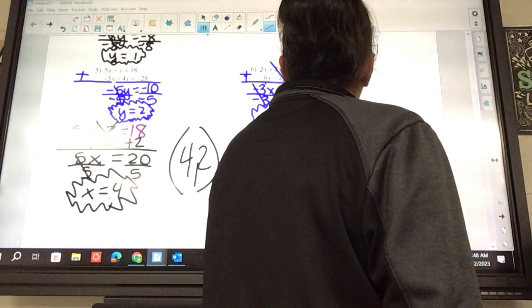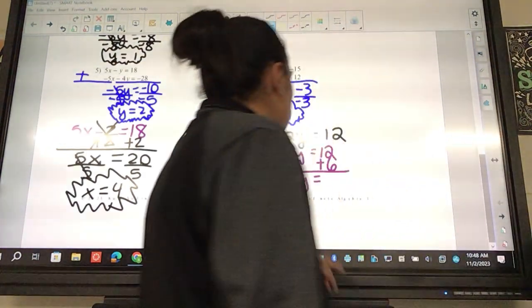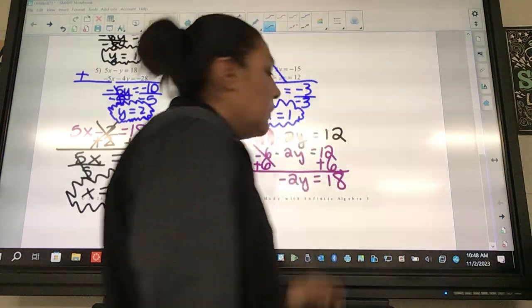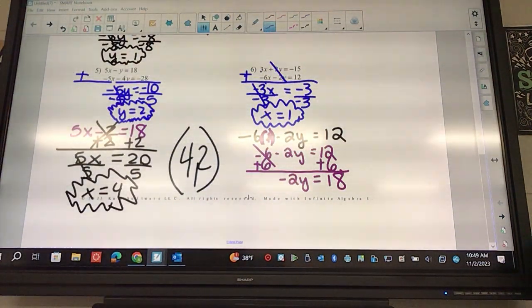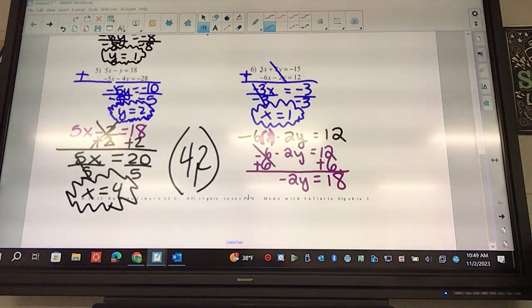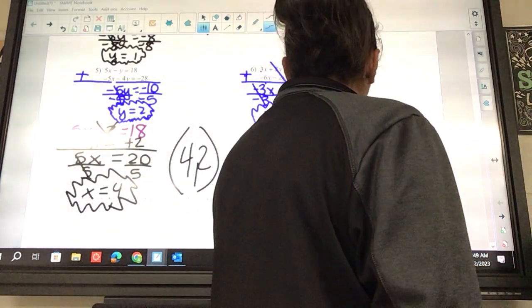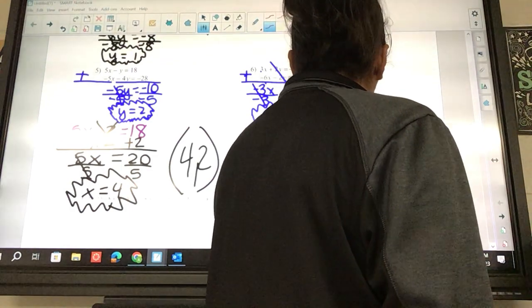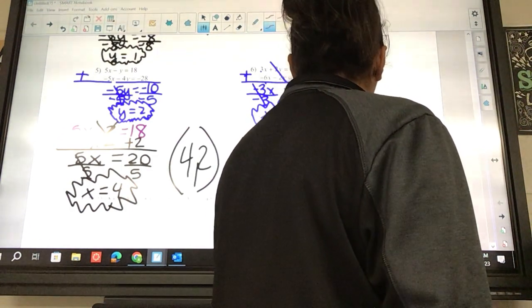So I'm going to get -2y equals 12 and 6, 18. And then what's our last step? Always divide. We're going to divide by -2. So we're going to get y equals -9.